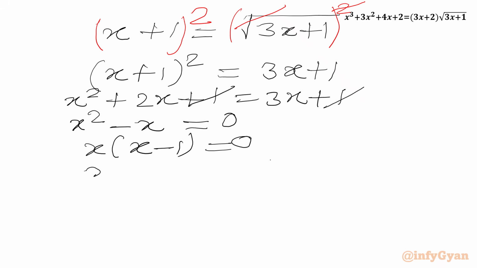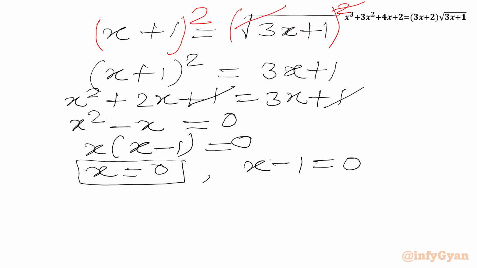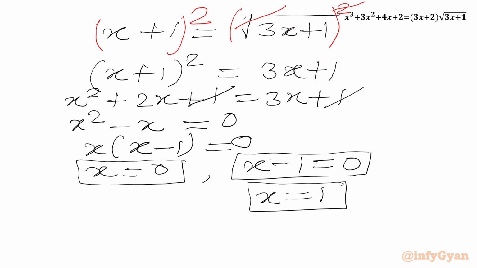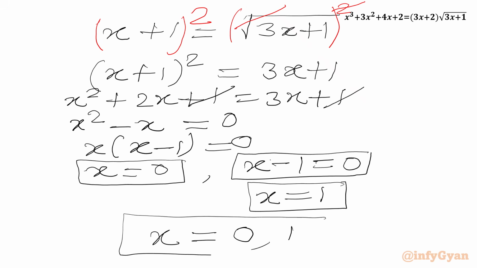Using the product zero rule, we will write either x equal to 0 or x minus 1 will be equal to 0. So from the second equation, we get x equal to 1. So we have in total two real solutions, x equal to 0 and x equal to 1.